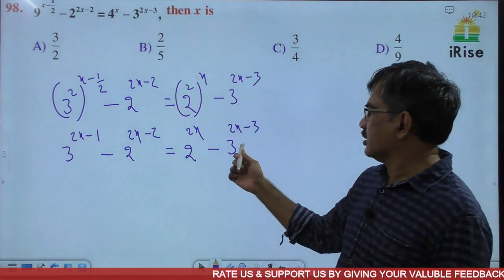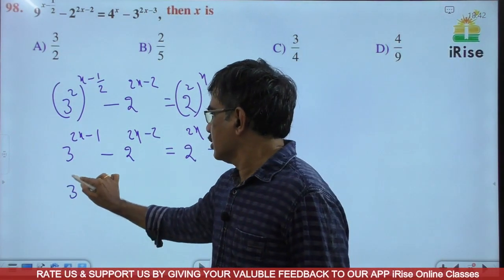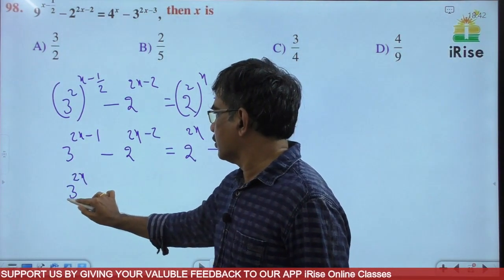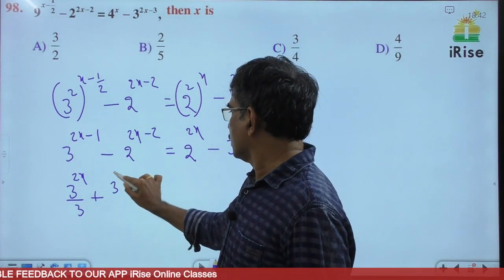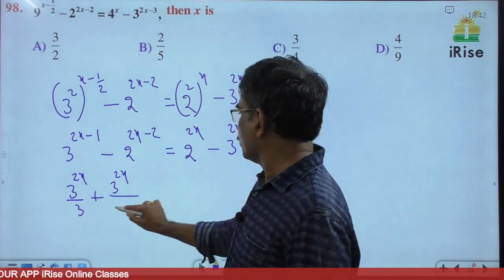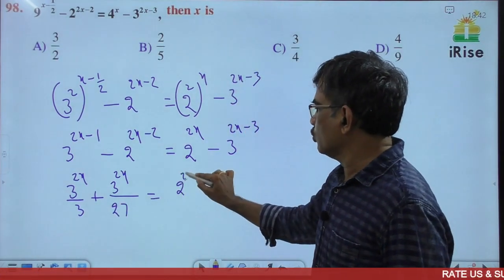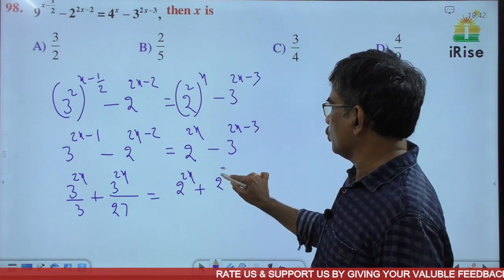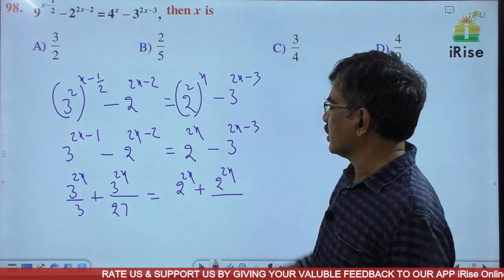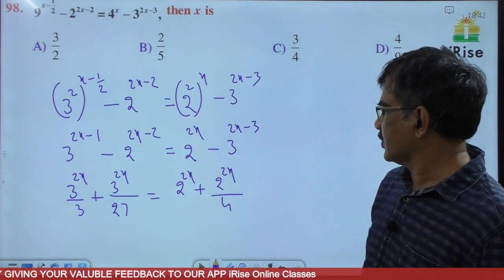I want to write 3 powers on one side, 2 powers on the other side. 3 power 2x by 3, transferring this, 3 power 2x by 3 cube, 27, equals 2 power 2x, transferring this, plus 2 power 2x by 2 power minus 2, which is 4.